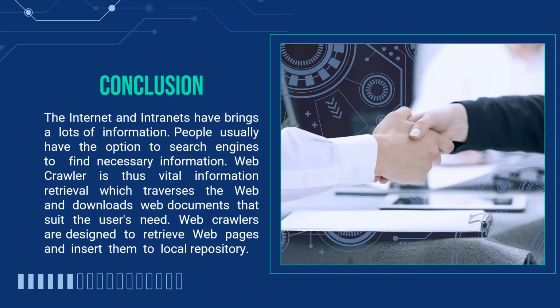This is the main thing a web crawler does in the search engine. Crawlers are basically used to create a replica of all the visited pages, which are later processed by the search engine that will index the downloaded pages to help in the search. The major objective of the PPT is to shed some light on web crawling.